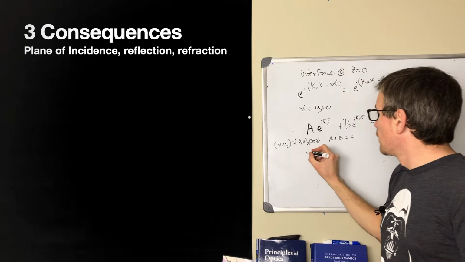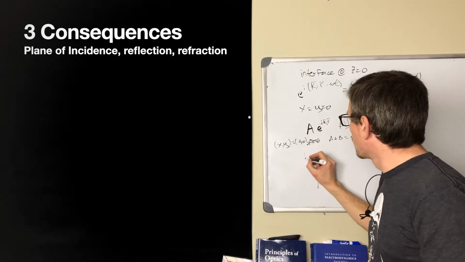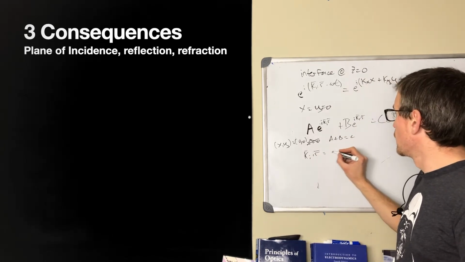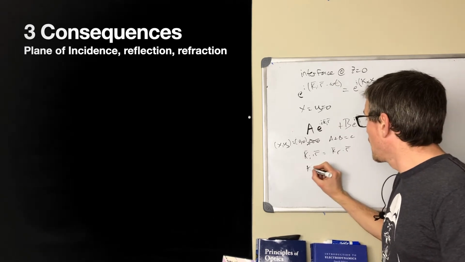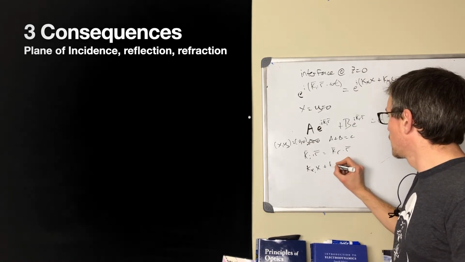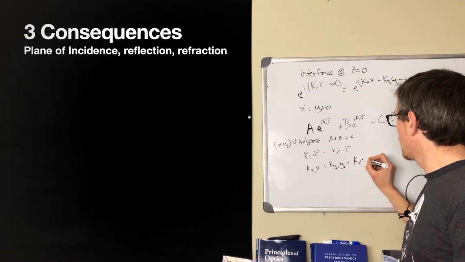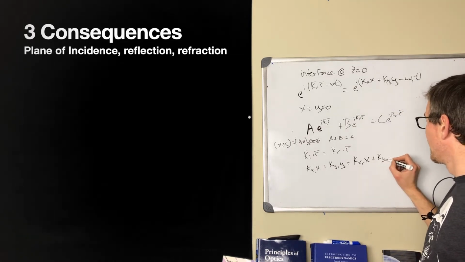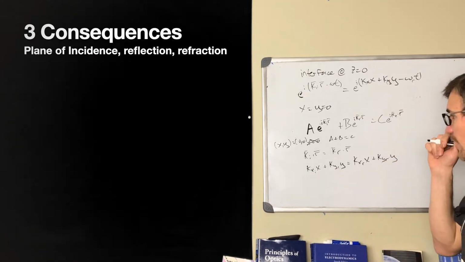For example, ki dot r is equal to kr dot r, which says that k_x incident times x plus k_y incident times y is equal to k_x reflected times x plus k_y reflected times y. It's a hard thing to say, but this is what this equation is telling us.